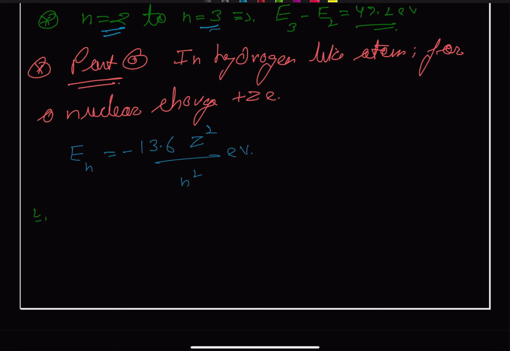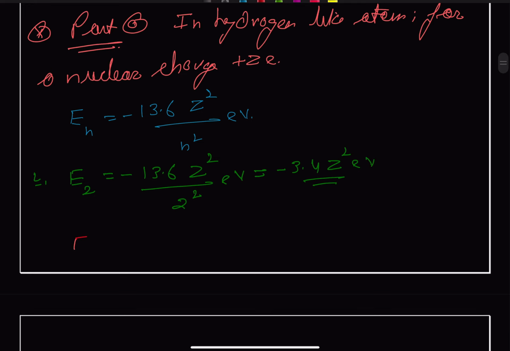The energy of the second orbit will be minus 13.6 Z square by 2 square electron volt, and this comes as minus 3.4 Z square electron volt.